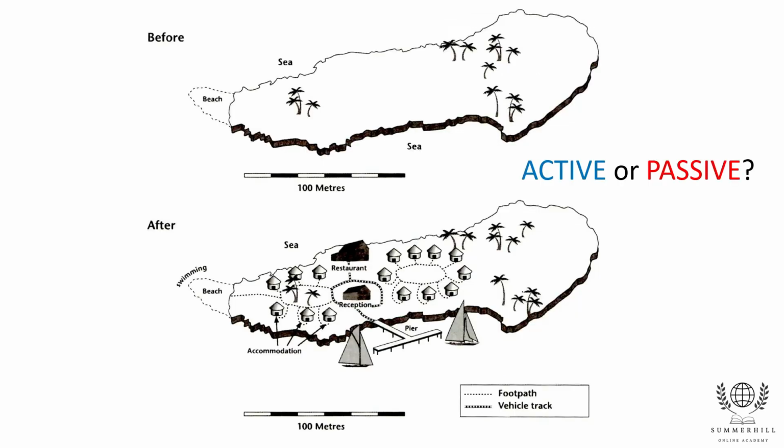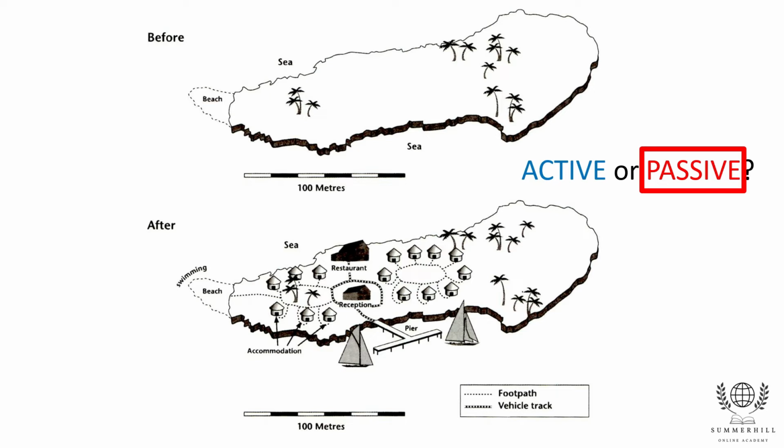So let's go ahead. And again, we have to consider active or passive voice once again. When we think about the first paragraph, when we look at the first map before, we would probably use a lot more active voice because we would just be describing what's happening. But passive voice will most likely be the dominant voice we want to use because we can see that there is construction which occurred on the second map, which is the main focus of our task.